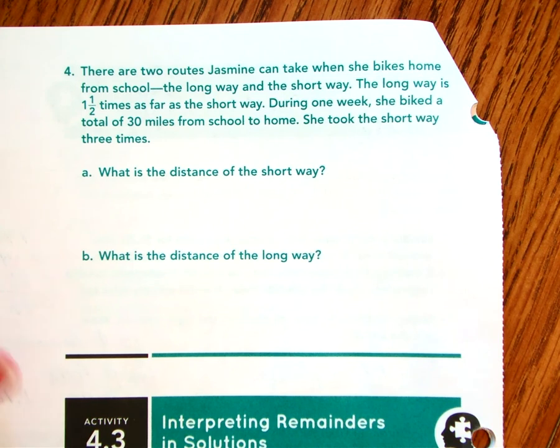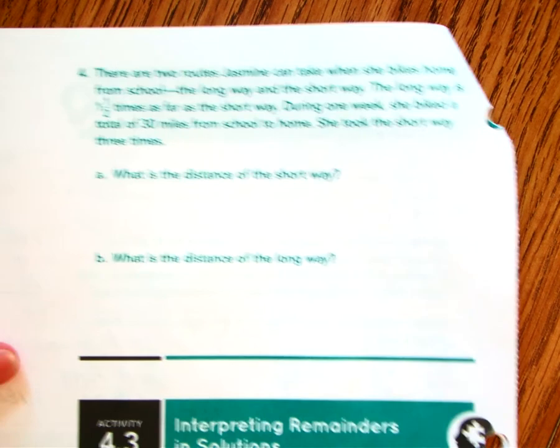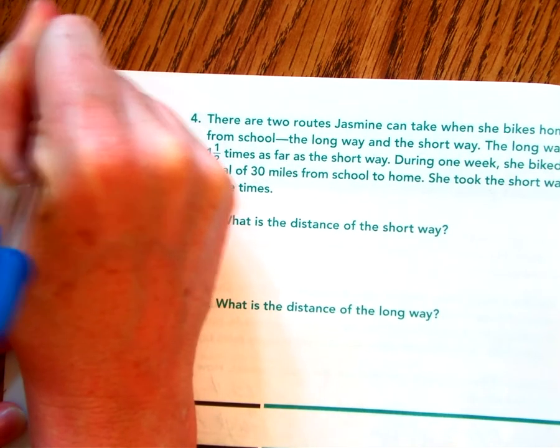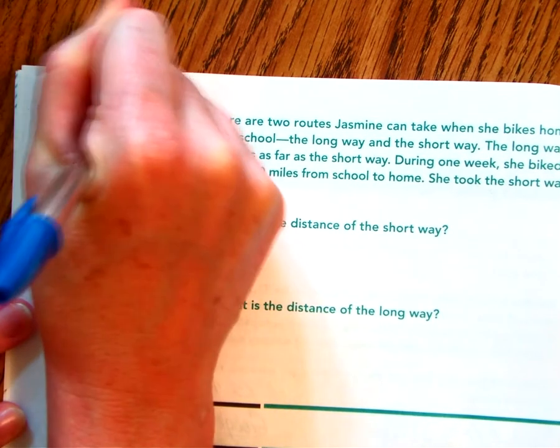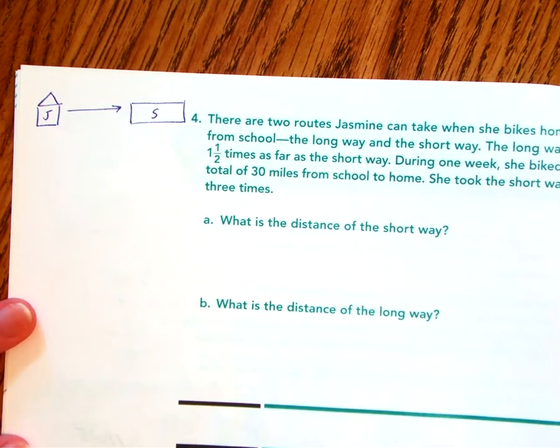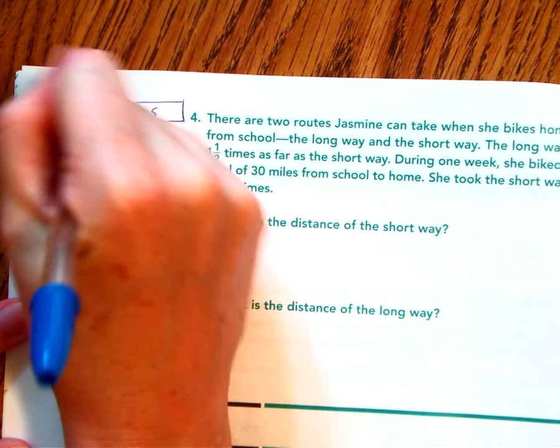Now, I was thinking, we've got Jasmine's home. Jasmine goes to school. There's one route, then there's another route.